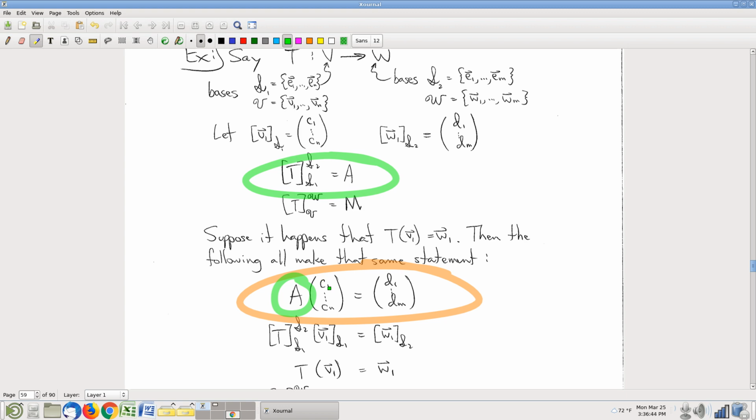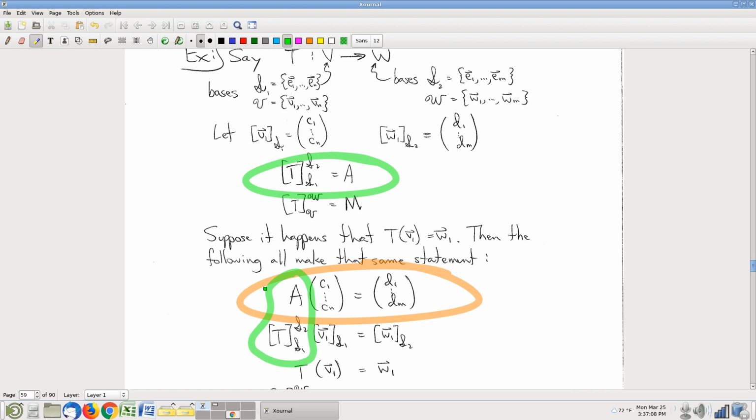So A is representing T, and it is furthermore telling you in some sense what language we're speaking when we make this statement. We're representing T with respect to S1 and S2. That means that inputs to the linear transformation T, thinking of this as a matrix, I'm interpreting the inputs as being coordinates with respect to S1.